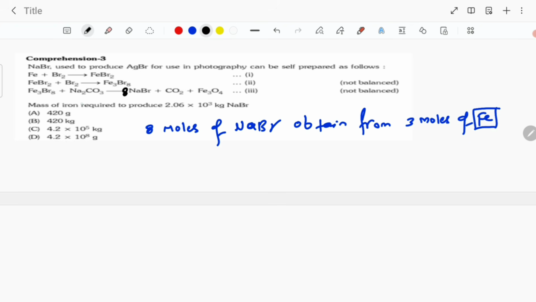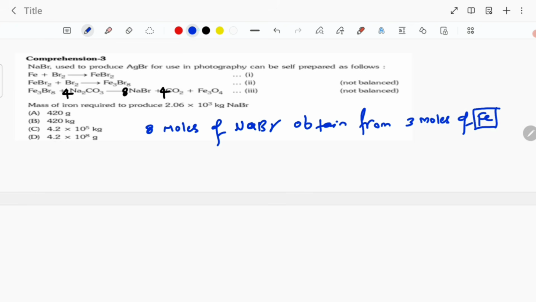So if I do now 8 NaBr, if I take here 4, so 8 sodium atoms balanced, 4 carbon atoms not balanced. I am taking here 4 carbon. So now 12 oxygen atoms on the left hand side, right hand side 8 plus 4, 12 oxygen atoms. So I think it is balanced. So 8 moles of NaBr are obtained from 3 moles of iron. That is what we can get from the balanced chemical equation.